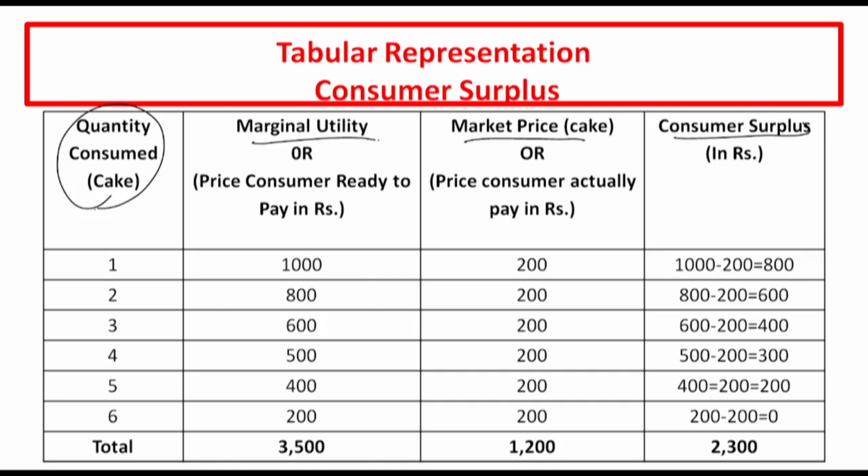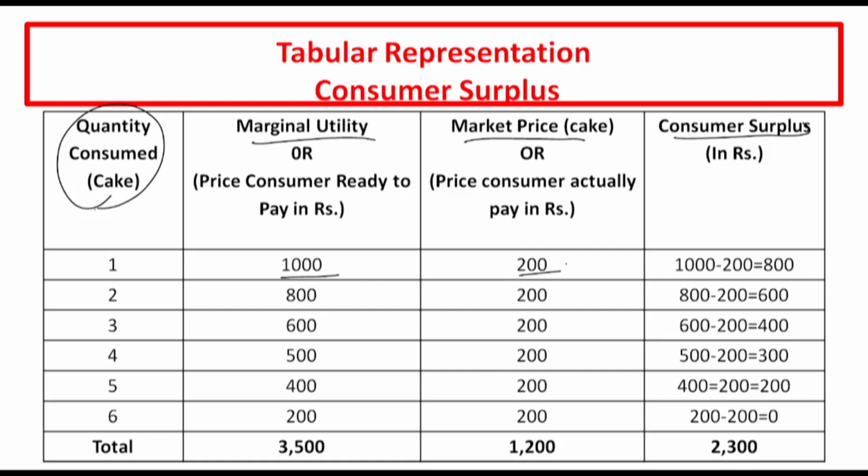So, as per this example, you can see the consumer is increasing the consumption of the cake one by one. When the consumer consumes the first unit of the cake, what he is ready to pay for that cake is 1000. 1000 was the value of the cake, so that is what he is ready to pay. But actually the price of the cake is 200.